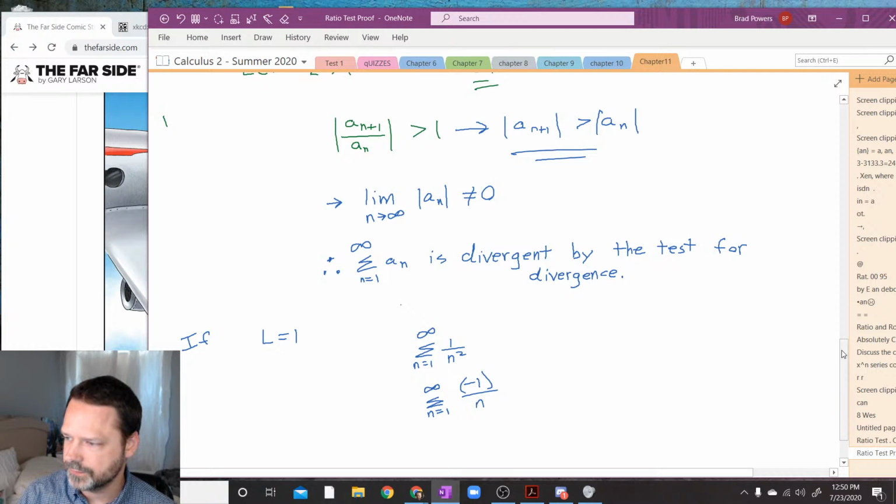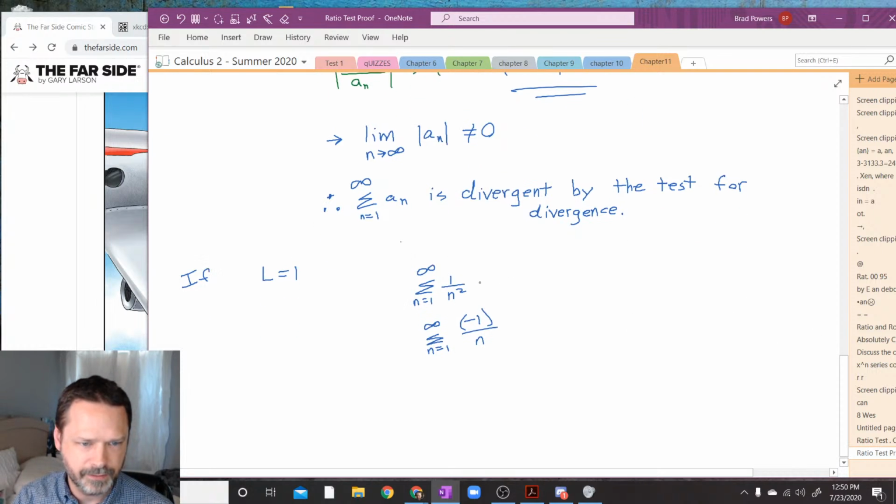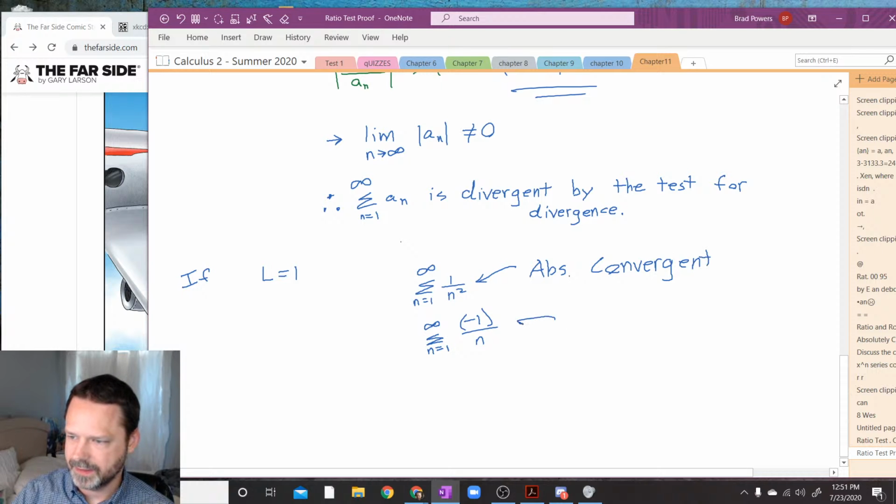The top one is absolutely convergent, we talked about that. The second one is the alternating harmonic series, which we've seen is convergent, but not absolutely. So conditionally convergent.